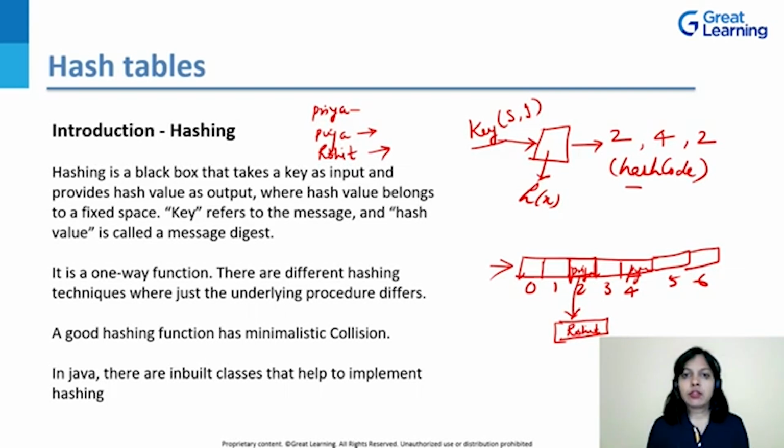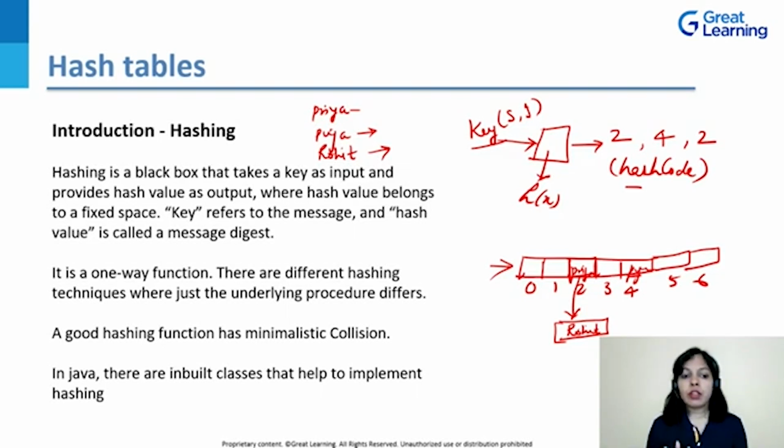There are multiple techniques to design the hashing function, and also multiple techniques to resolve collision whenever it happens. One way I told you is by using a linked list. All those keys which are mapped to the same location are linked as nodes. But we always try to have a hashing function with minimal collision, and that's a good hashing technique.